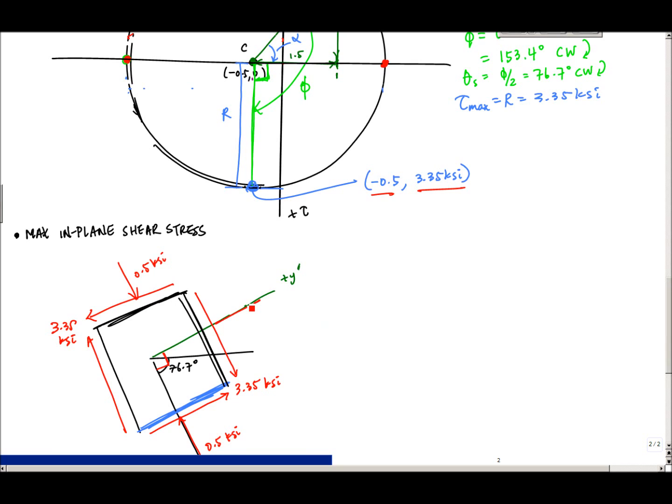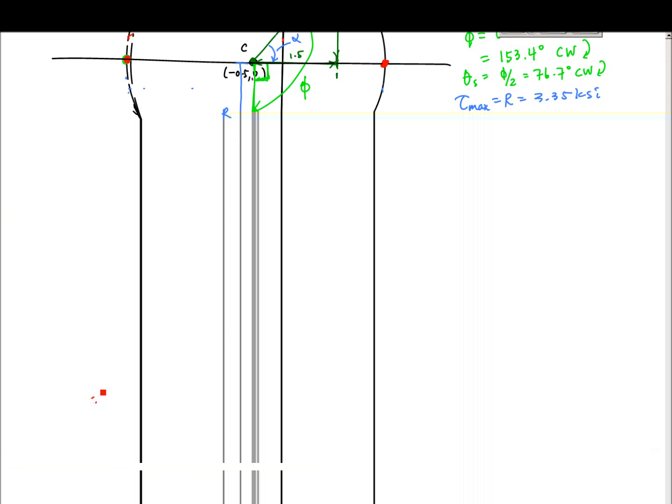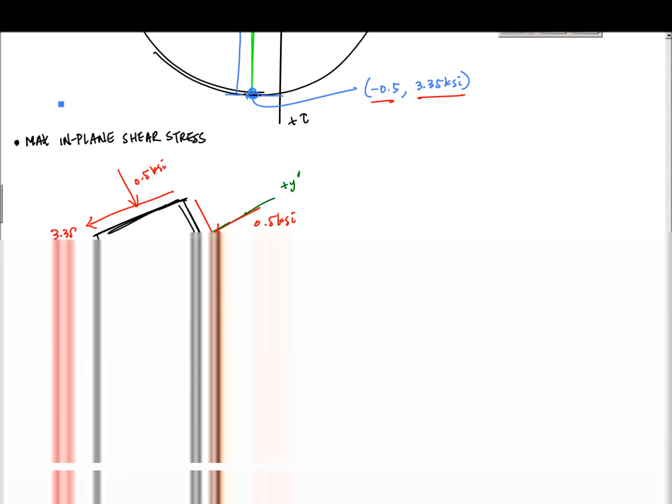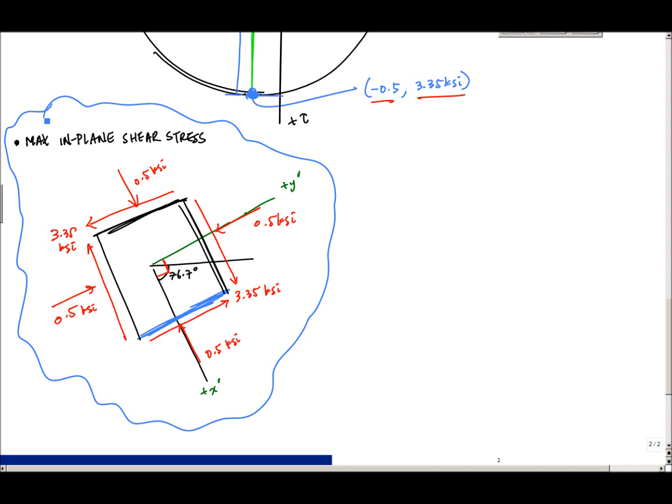So here, bam, 0.5 KSI, and this right here is my solution to the maximum in-plane shear stress state. If you give one angle relative to the horizontal and draw all the normal stresses and shear stresses, you're done. That's the solution. Doesn't matter how you get it.